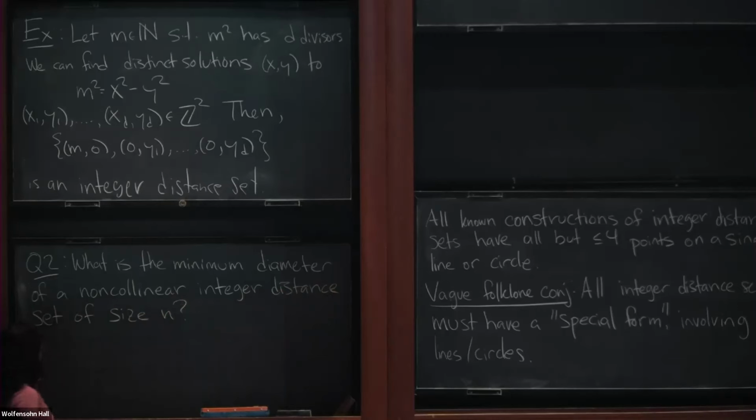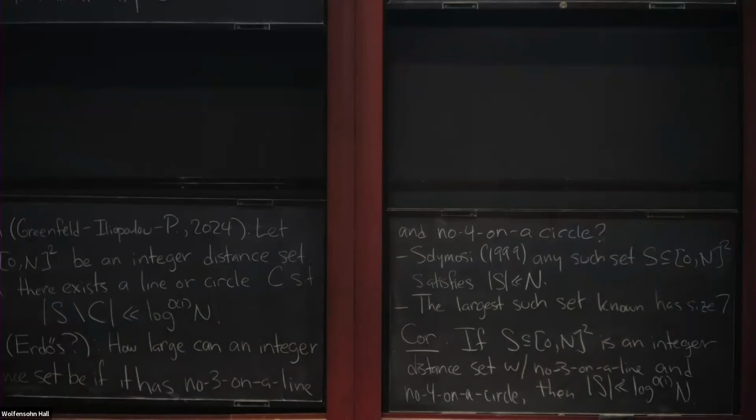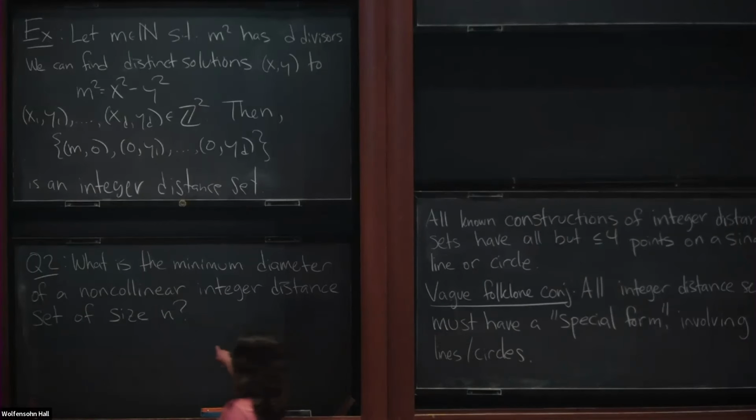Getting an upper bound in this question is equivalent to constructing a large integer distance set in some box, and getting a good lower bound on this is the same as getting a good upper bound for the size of the largest non-collinear integer distance set in a box.